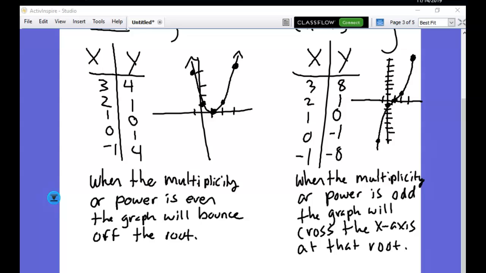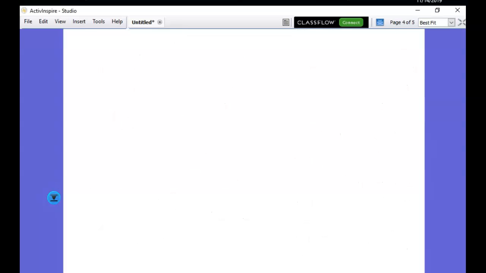I want to make sure I pick a good example to start with here. So example 1. We're going to graph the following polynomial.